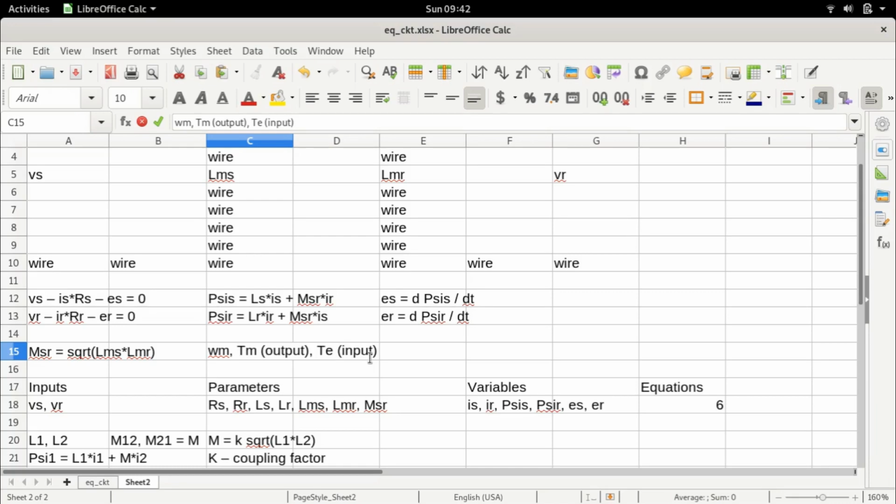Besides this, there is one other variable, but it is not very easy to detect. This variable is called the rotor position or rotor angle, and we usually call this theta m.